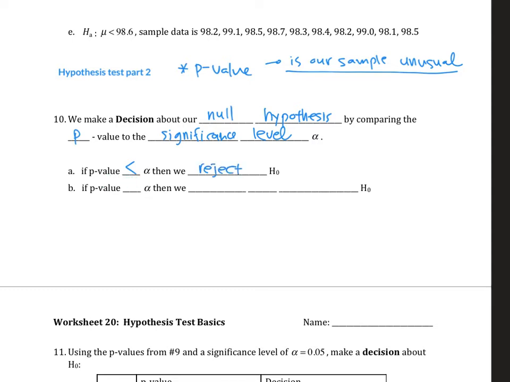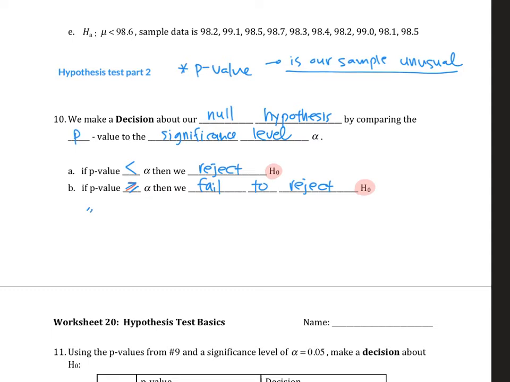Notice that we're rejecting H naught, not HA or something else. I want to make sure you know that what you're rejecting is H naught, which is what we assume to be true in the very beginning. And next part, if p-value is greater than or equal to alpha, then we fail to reject, again, H naught, right?